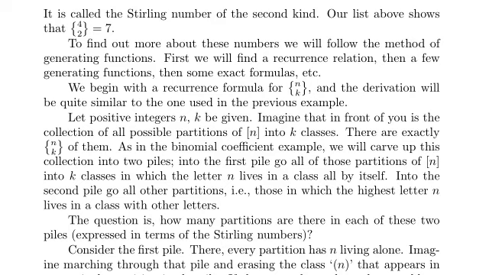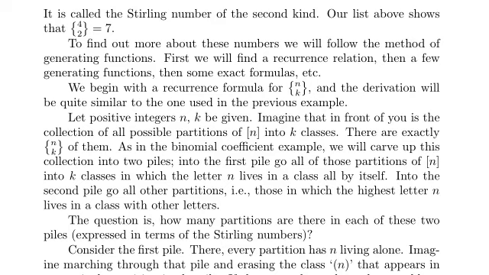Let positive integers n and k be given. Imagine that in front of you is a collection of all possible partitions of n into k classes. There are exactly {n k} of them. As in the binomial coefficient example, we will carve up this collection into two piles.